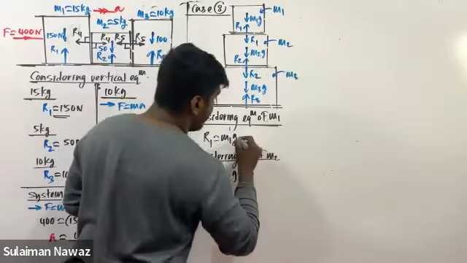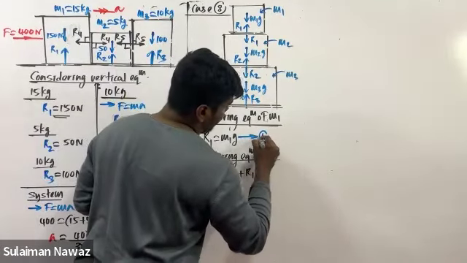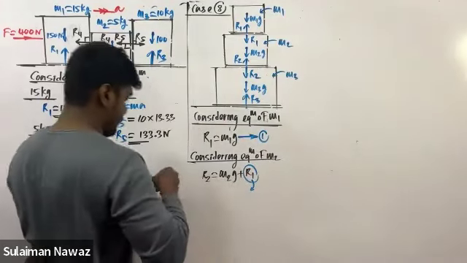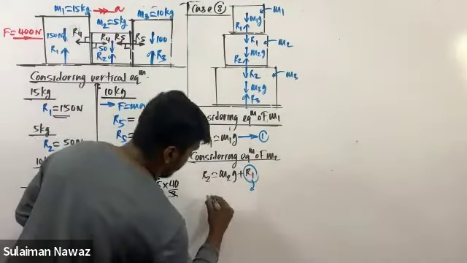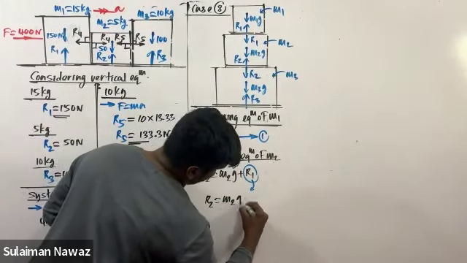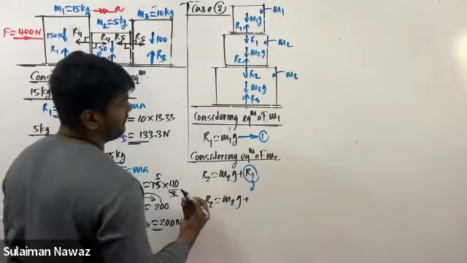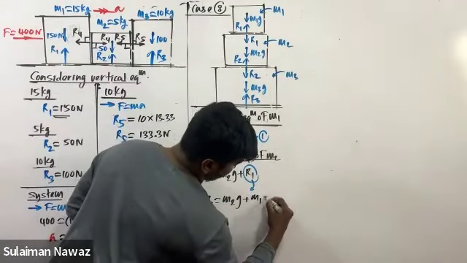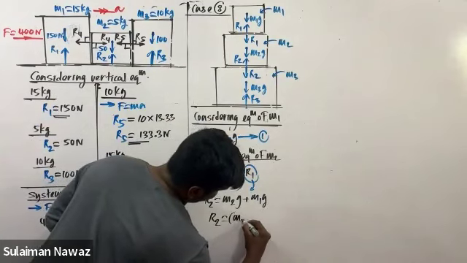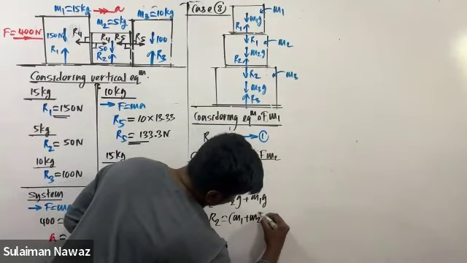What is R1? From equation 1, R1 is M1G. Therefore, R2 equals M2G plus M1G. That means R2 equals (M1 plus M2)G.